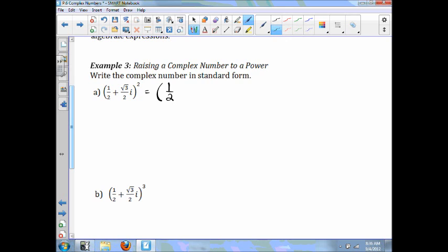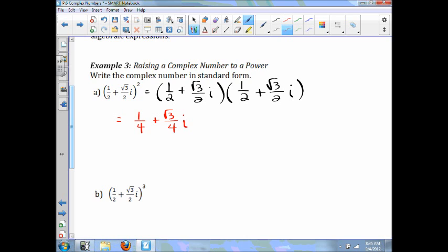It really means 1/2 plus square root of 3 over 2i times 1/2 plus square root of 3 over 2i. So when you multiply these, the first, 1/2 times 1/2 is 1/4. 1/2 times square root of 3 over 2i would be square root of 3 over 4i.